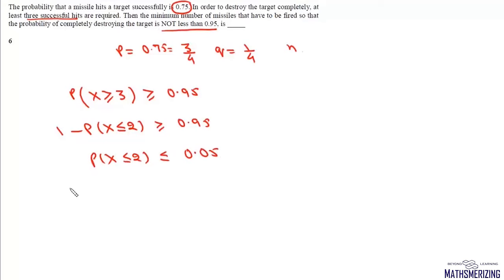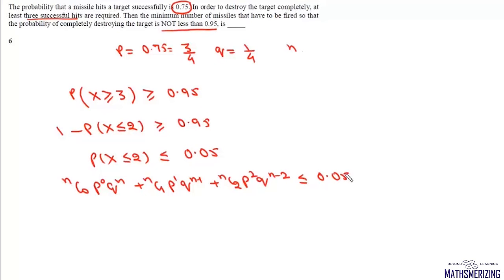Now this is the probability of x equal to 0, so it will be nc0 p to the power 0 q to the power n plus nc1 p to the power 1 q to the power n minus 1 plus nc2 p to the power 2 q to the power n minus 2, and this will be less than or equal to 0.05.